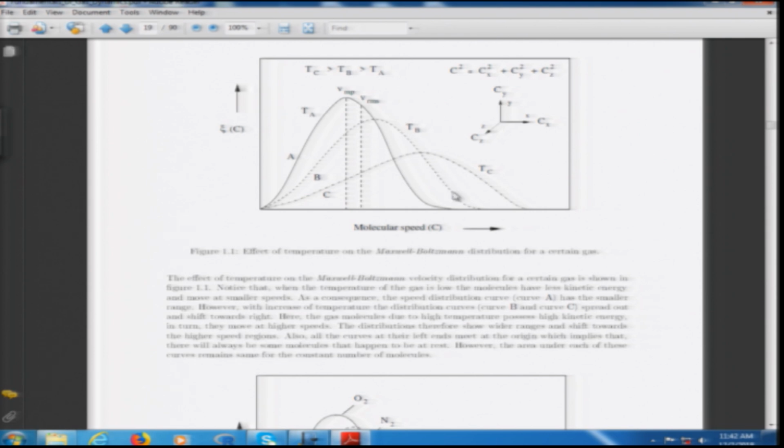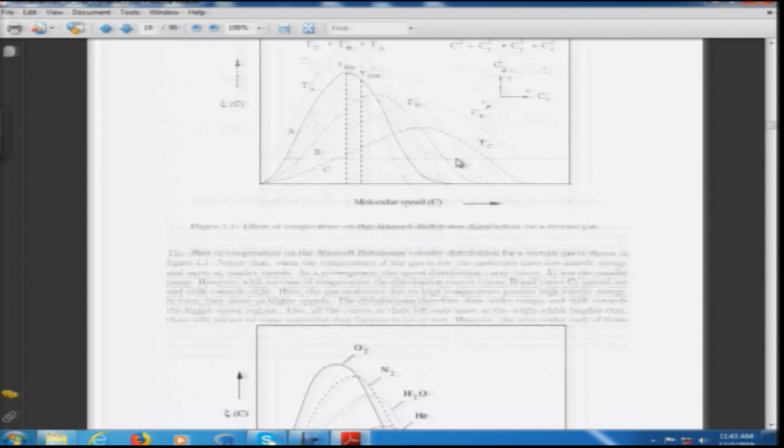As soon as we increase the temperature, the speed distribution function extends, which means the molecular speed goes higher. If we increase the temperature again to Tc, the curve is flatter, which means the range of the speed distribution essentially increases.